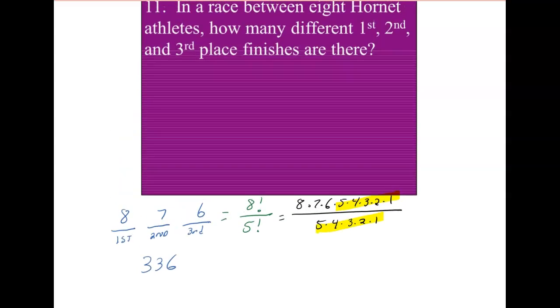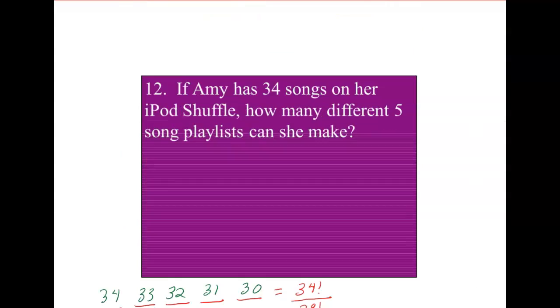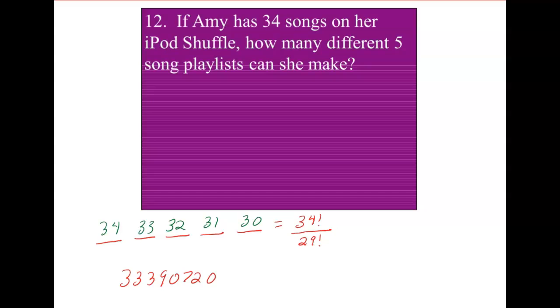So let's take a look at problem 12. For problem 12, we could say 34 permute 5.